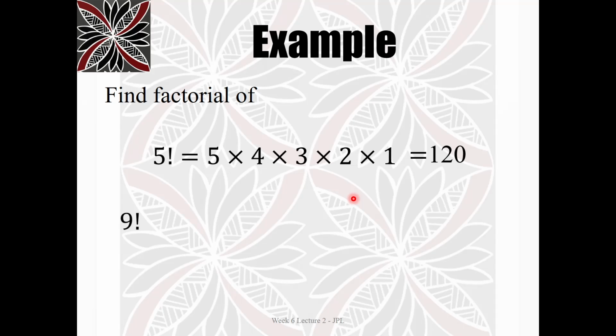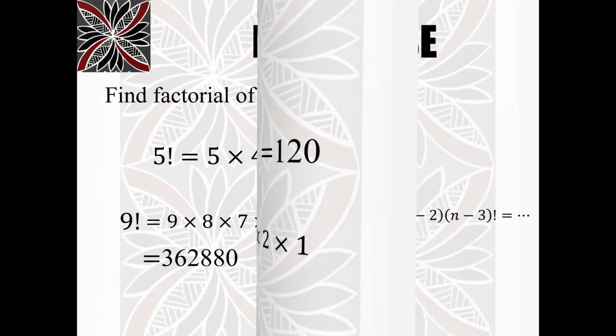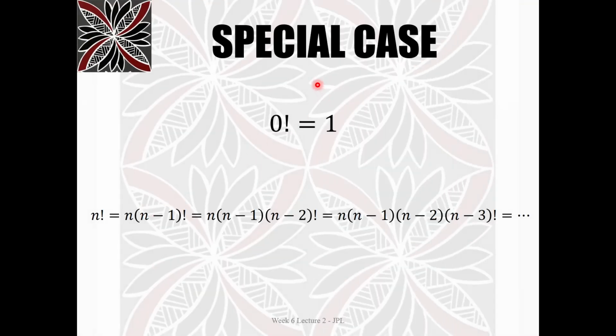Same with 9 factorial, that's 9 times 8 times 7 all the way down to 1, which gives the answer of 362,880. Also try and use this symbol on your calculator to see if it gives the same answer. There are some special cases. For example, 0 factorial equals 1. And for expanding factorials, this is the formula.